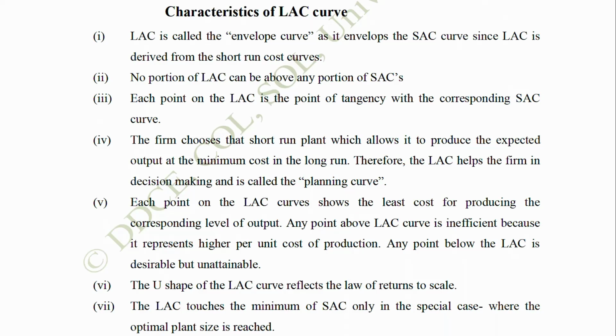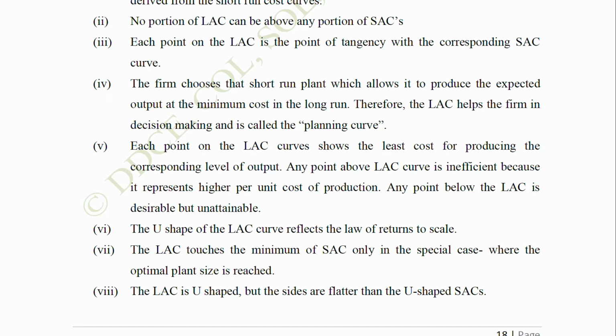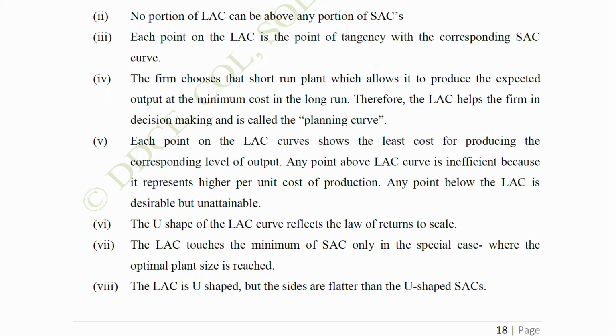The U shape of the long-run average cost curve reflects the law of returns to scale. Point number 7. The long-run average cost touches the minimum of short-run average cost only in the special case where the optimal plant size is reached. Point number 8. The long-run average cost is U-shaped, but the sides are flatter than the U-shaped short-run average cost curves.